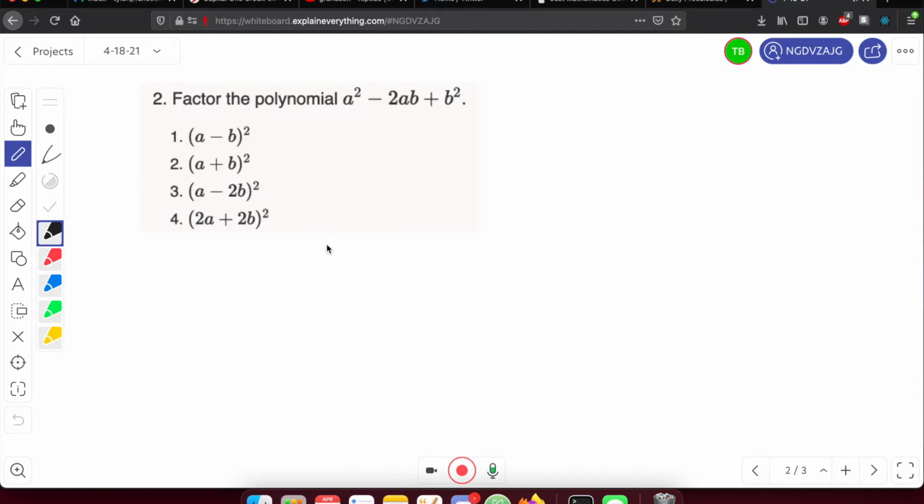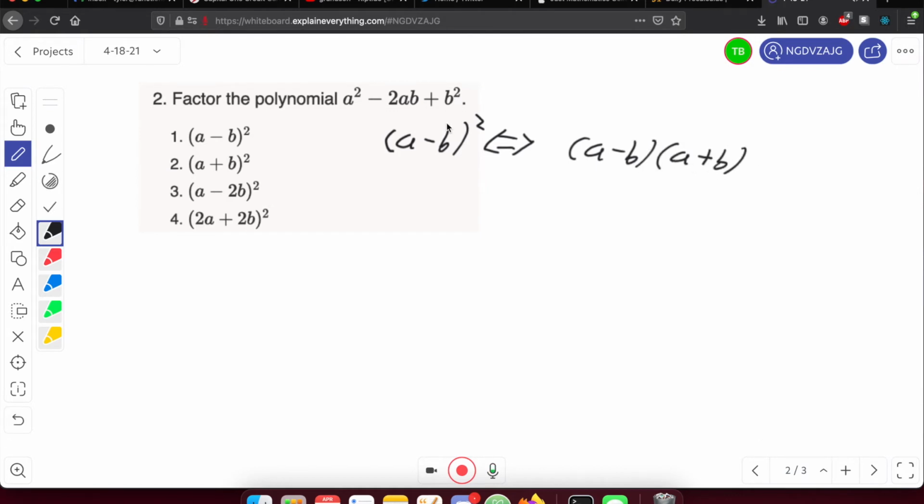Alright, question 2. Factor the polynomial a squared minus 2ab plus b squared. So this is what we would call a perfect square. You can see from all the answers that they're all in perfect square form. This simply means that you can write it in terms that are something like this instead of something like this, right?